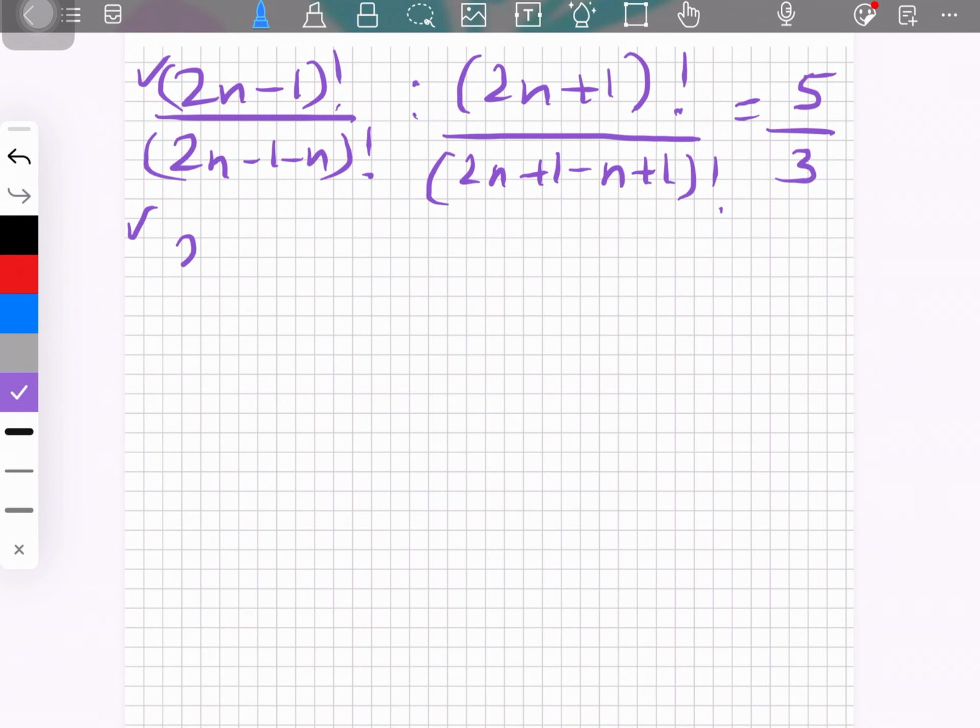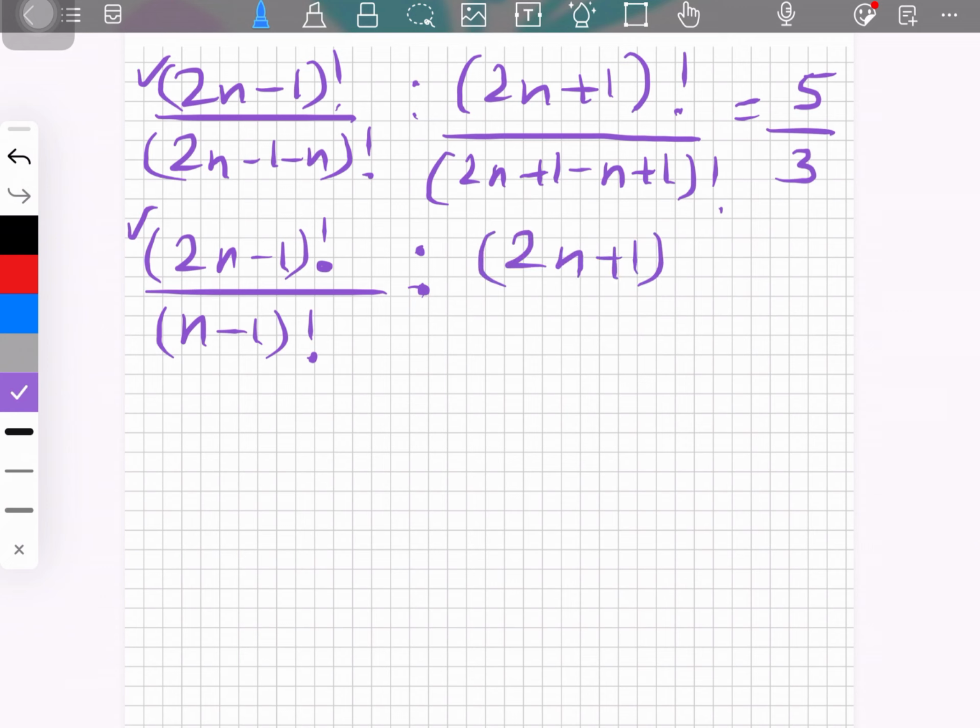So 2n minus 1 factorial remains as it is. 2n minus 1 minus n is n minus 1 factorial, and then 2n plus 1 factorial remains as it is. 2n plus 1 minus n plus 1 is equal to n plus 2 factorial, right?